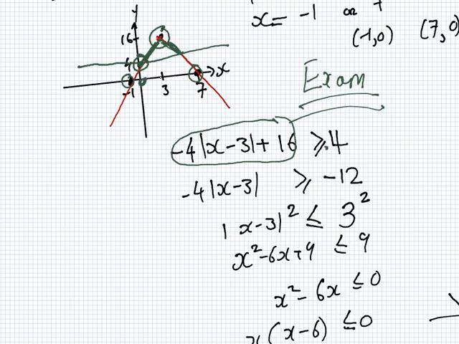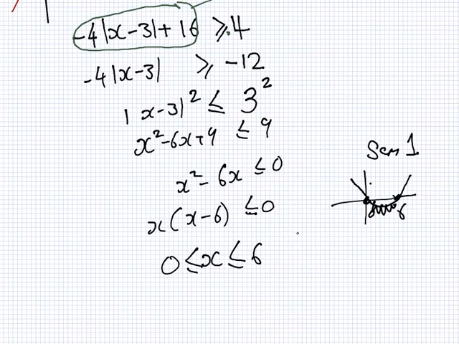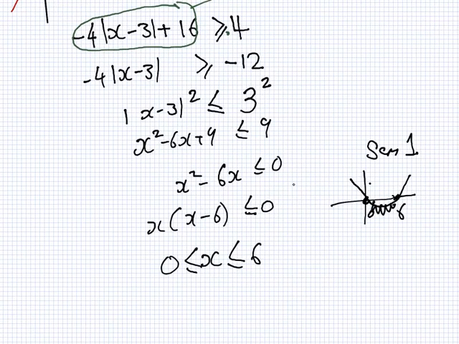This is 0, and this point here you could see from the graph is 6. Of course, this is a bad way to do it because the graph is maybe not accurate. But it's just another way to do it. You probably shouldn't do it this way in the exam. This would be the best way to do it in the exam, but it's not the only way.